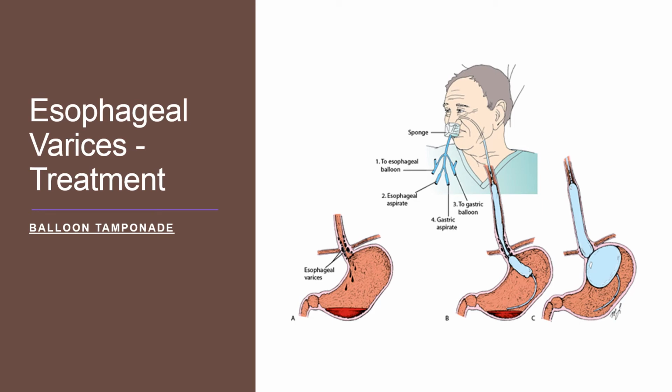And again, there are many risks with the balloon tamponade, and this is to only stay in place for 12 hours or less, and the person must be actively bleeding. It must be an urgent situation.